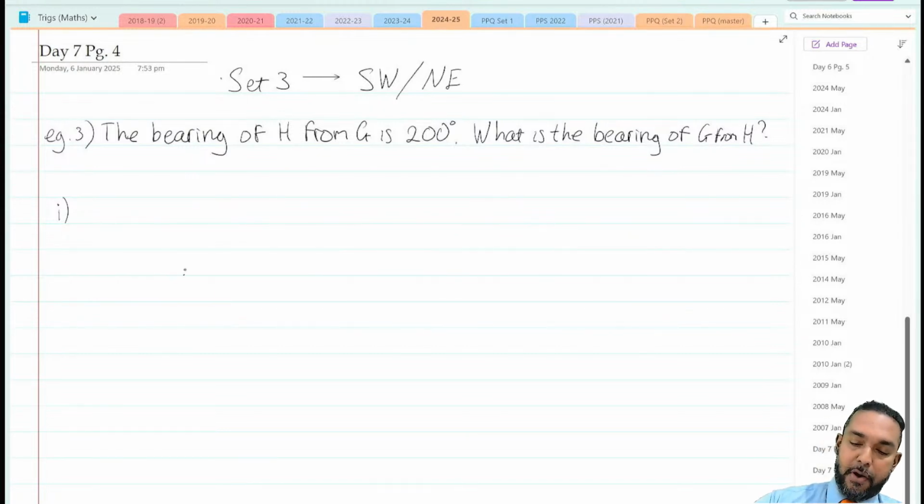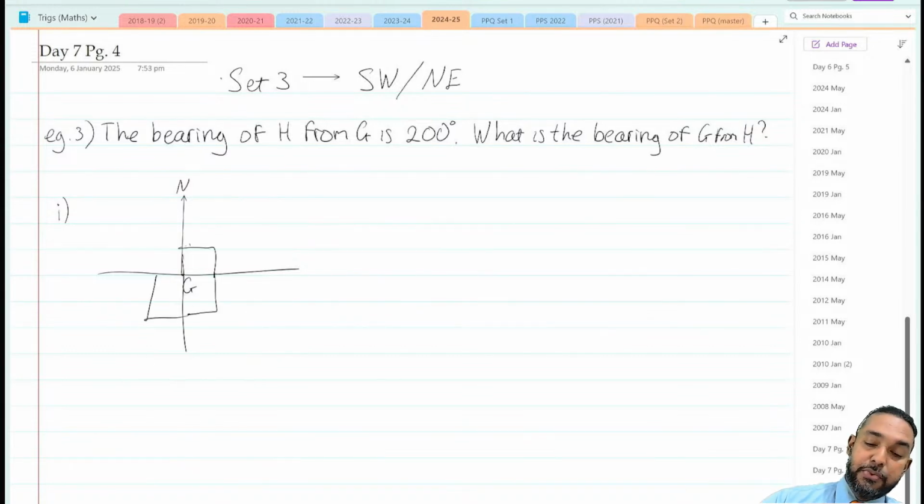The bearing of H from G. Initially we're going to start at G. We're going to get a north line at G and 200 degrees. If you think about it from the quadrant perspective and we're going clockwise, that's 90, that's 180, that's 270. So somewhere inside of here, we have a 200 degree angle. I guess we could put H down here.